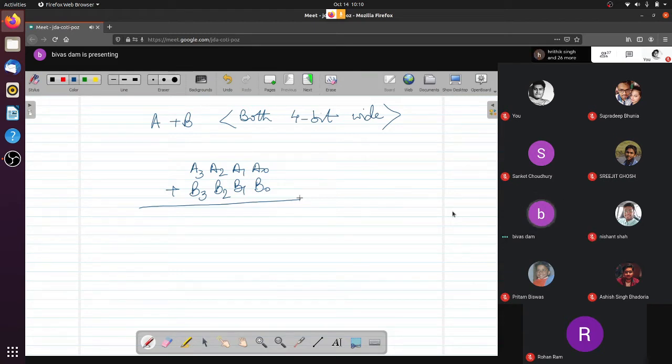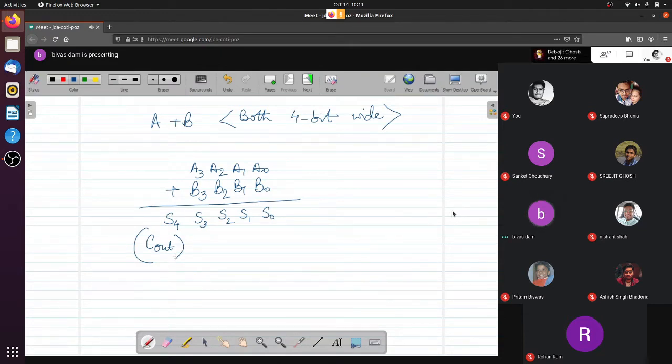So after adding these two 4-bit numbers, the result, that is the sum, will consist of S0, S1, S2, S3. There may be one more bit, S4, which is also called the carry out bit from the sum.